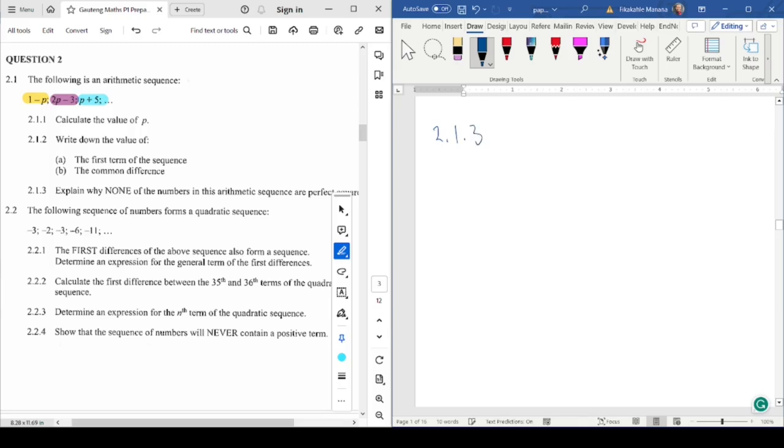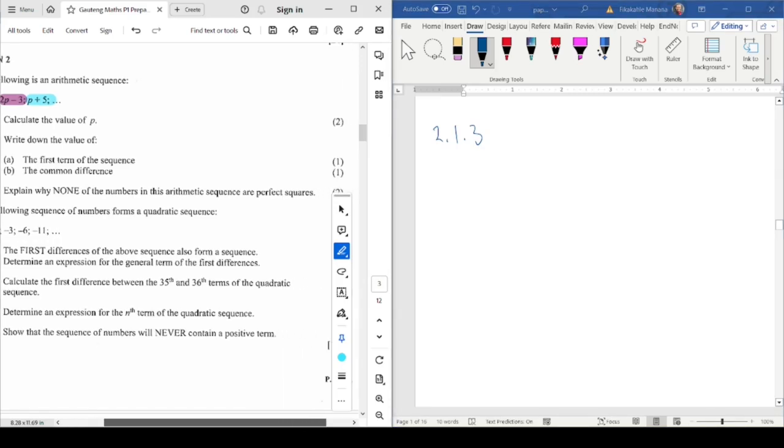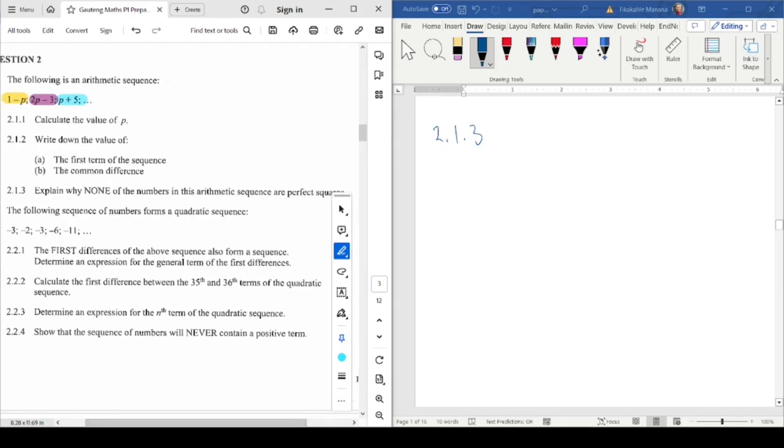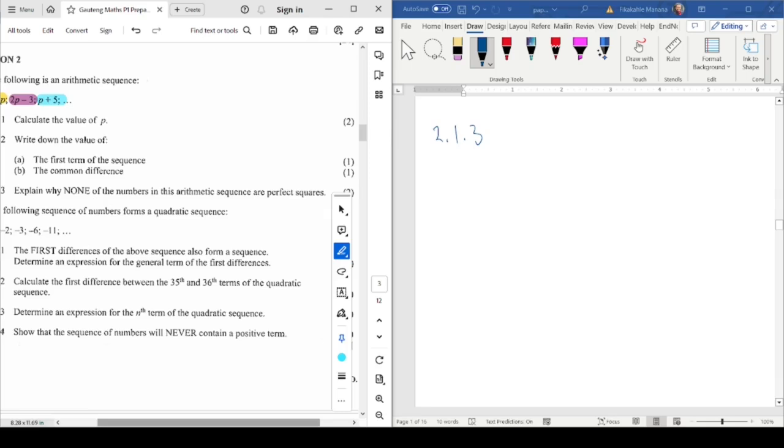2.1.3 now. It says, explain why none of the numbers in the arithmetic sequence are perfect squares. Okay, so first of all, we have to understand what a perfect square is. I hope you know what a perfect square is.